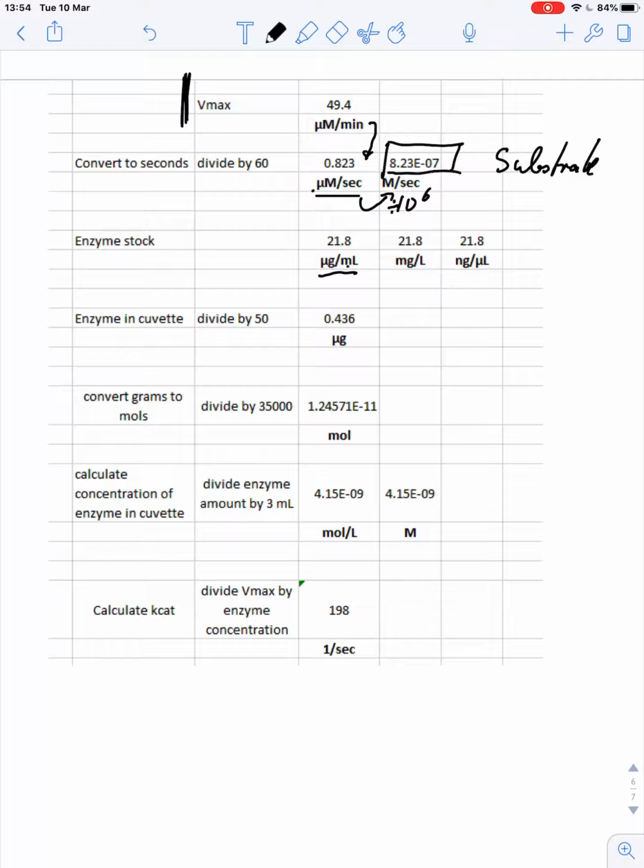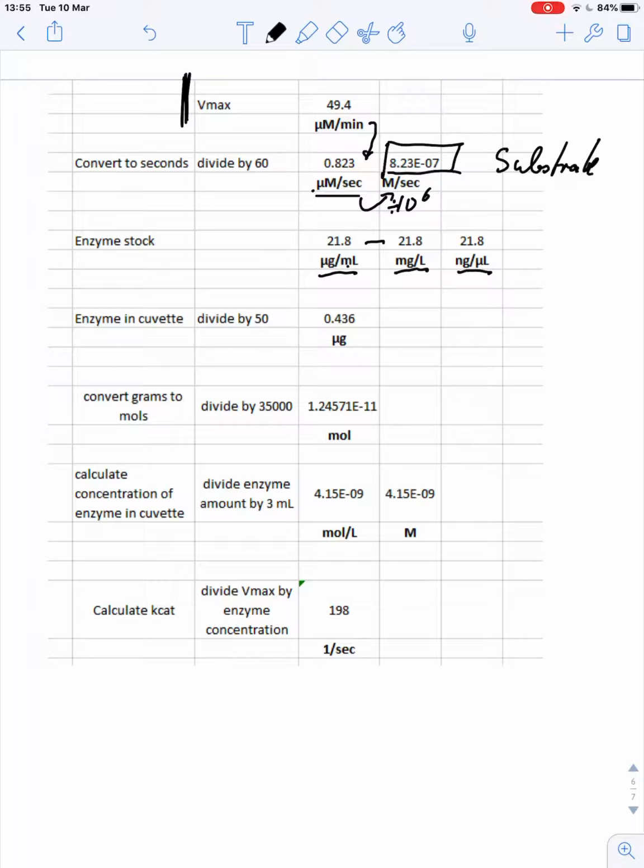So if I extend the microgram by 1000 and multiply the milliliter by 1000, I get exactly the same number of 21.8, but now in milligram per liter or in nanogram per microliter. However way we want to write it, it doesn't make any huge difference.